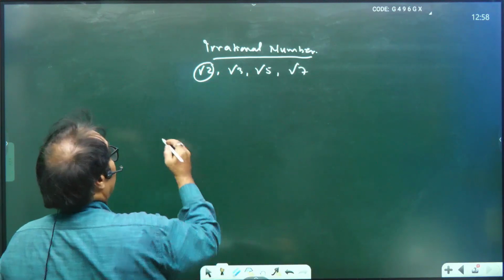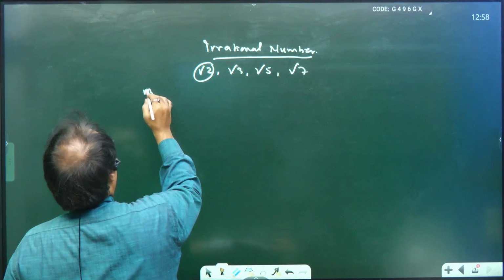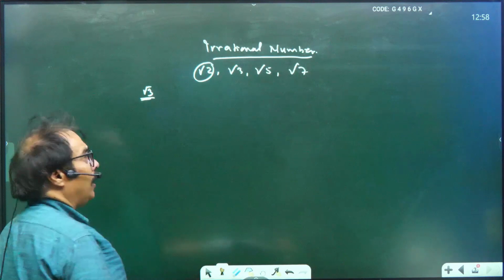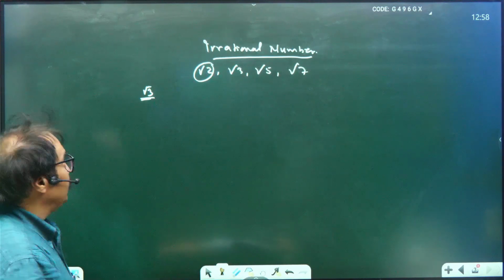Show that under root 3 is an irrational number.